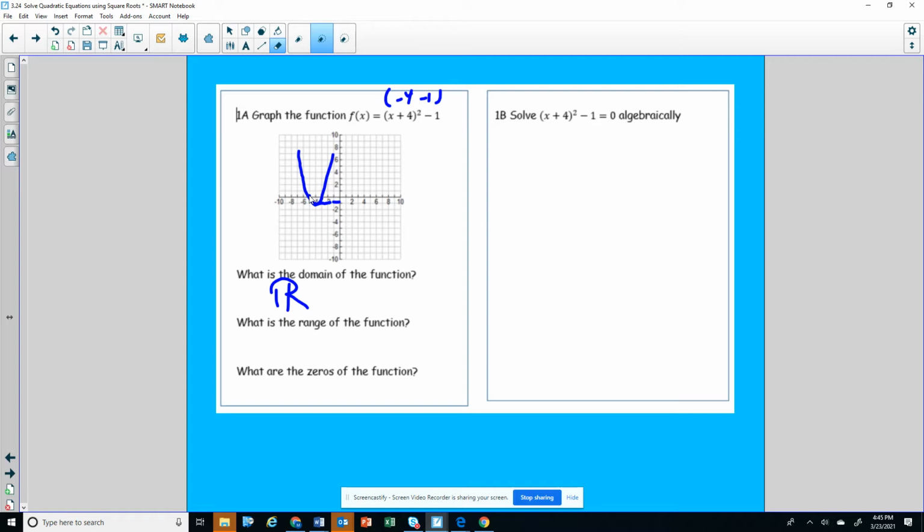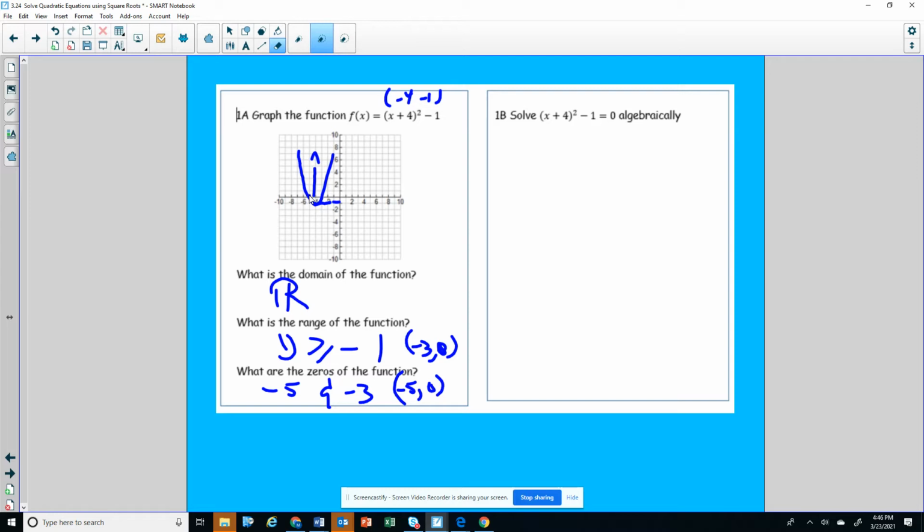And so all the y values are above -1. So y is greater than or equal to -1. And what are the zeros? We said the zeros are -5 and -3. And we can write that in coordinates as (-5, 0) and (-3, 0). Right? Those are the zeros.